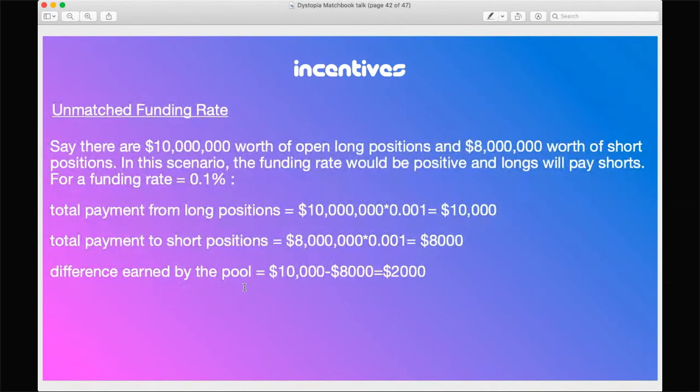So what does this unmatched funding rate look like? Say you have around $10 million worth of long positions, and you have $8 million worth of short positions. In this scenario, the funding rate is going to be positive, and longs will pay shorts. What that means in simple English is the difference between the funding payments would be earned by the pool.